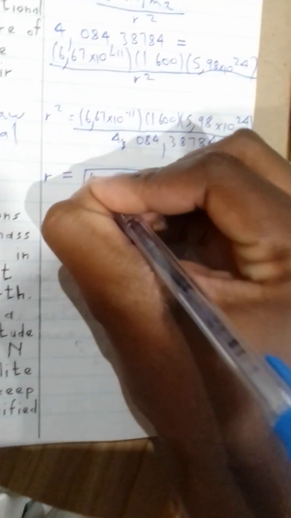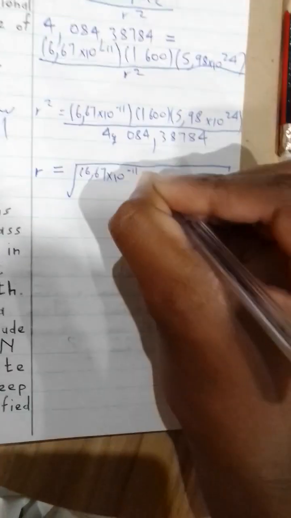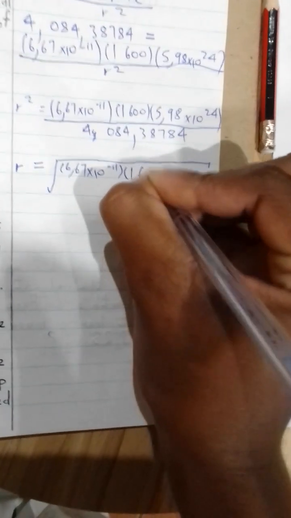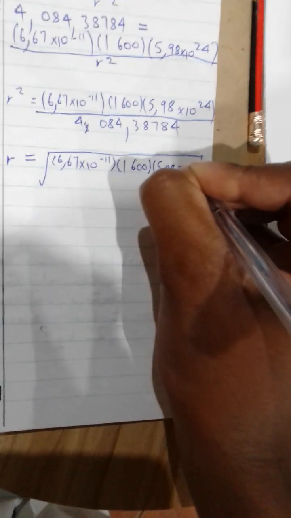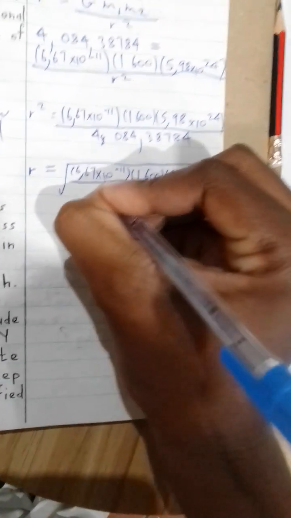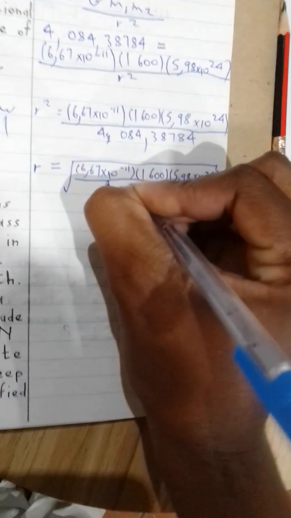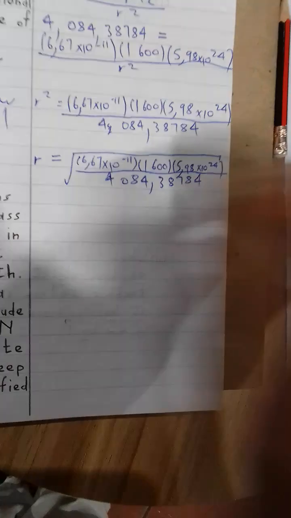R is the square root of all of this, 6,67 times 10 to the negative 11, 1,600, 5,98 times 10 to the 24 over 4084,38784.